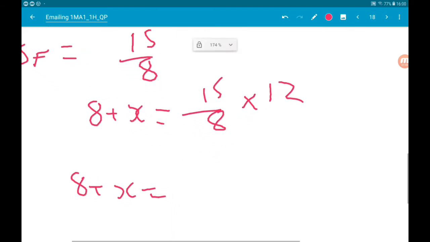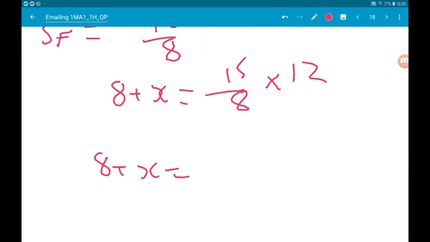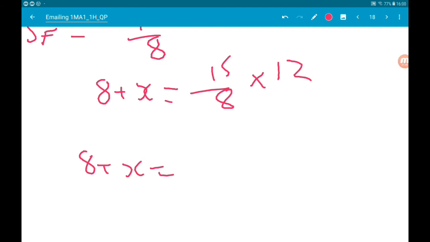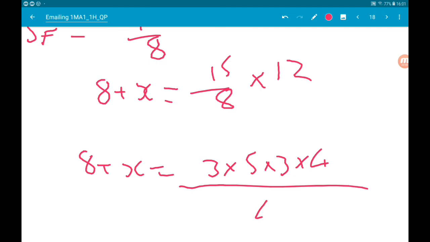Now I'm going to do something a little bit different here. I'm going to think of 15 as 3 times 5, and then 12 as 3 times 4. Now the reason I've done that is because we then get a common factor between the top and bottom of 4.